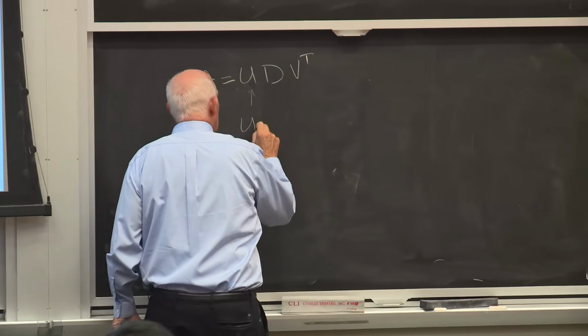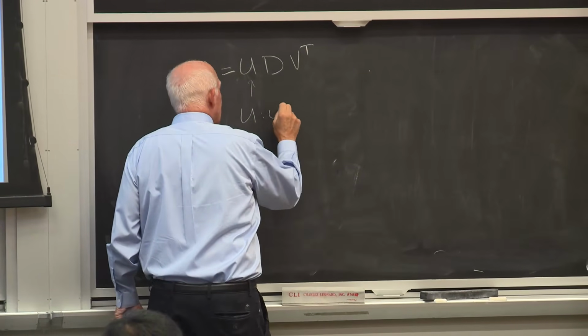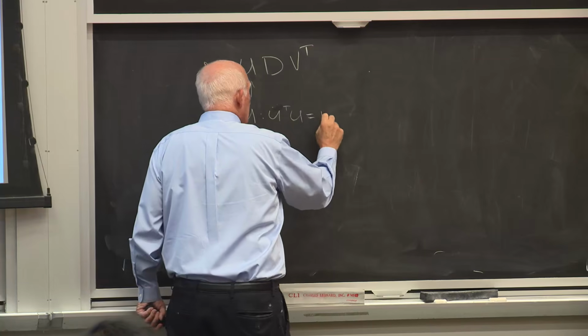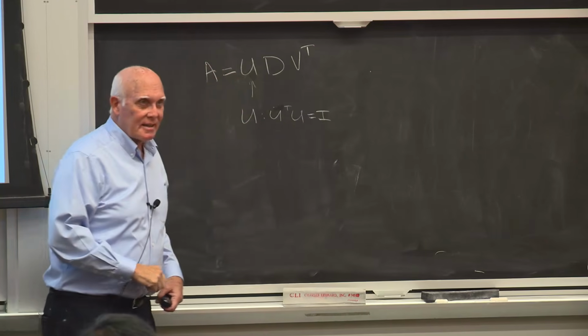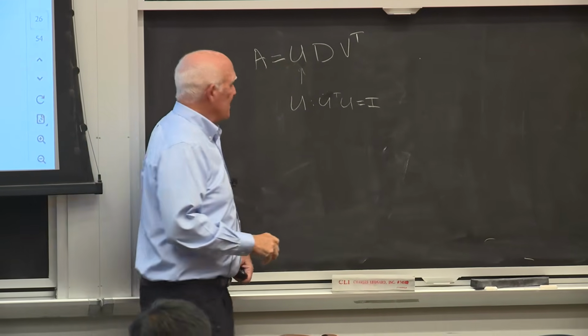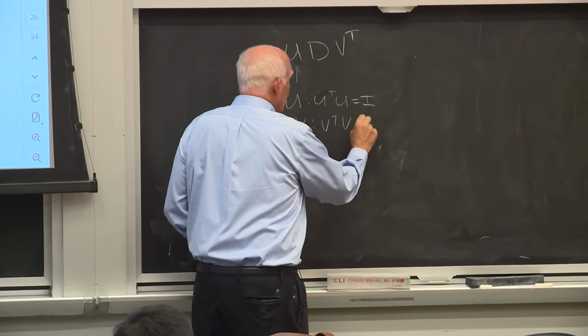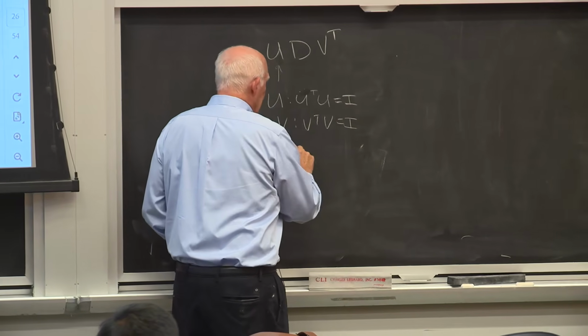So U is such that U transpose U is equal to, say, the identity. It has orthogonal columns. V is the same thing. And D is a diagonal.